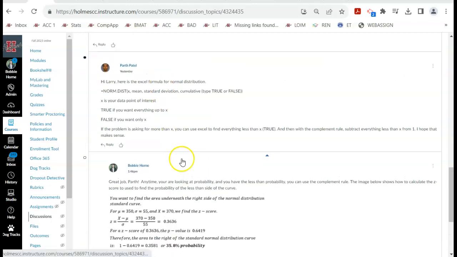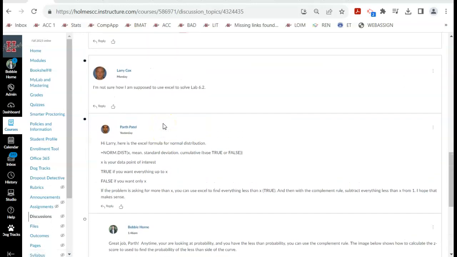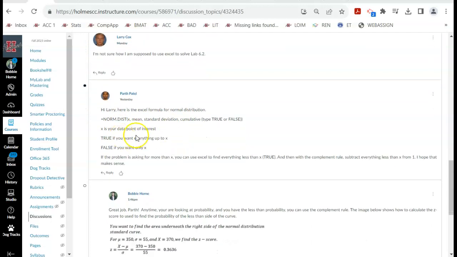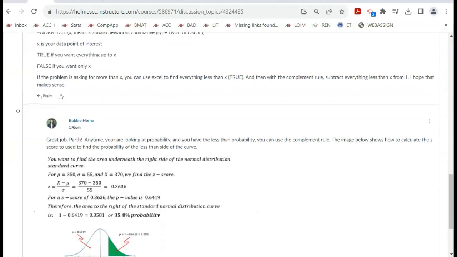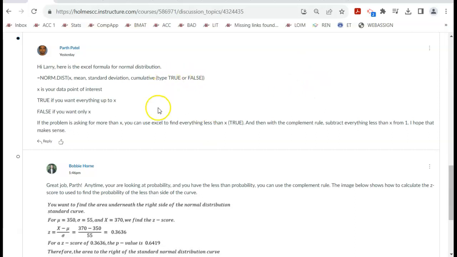Okay, I am going to add to Parth's explanation here about your normal distribution and how you can use Excel to find the probability of the left side of a particular value.